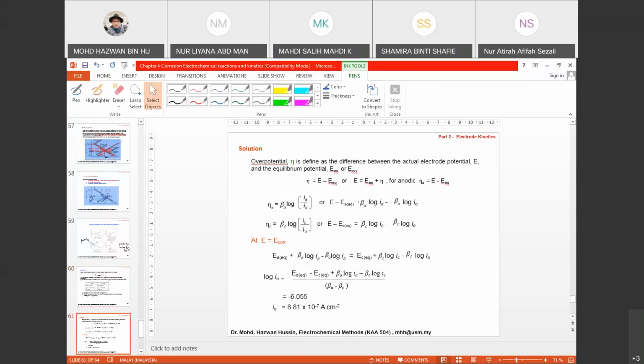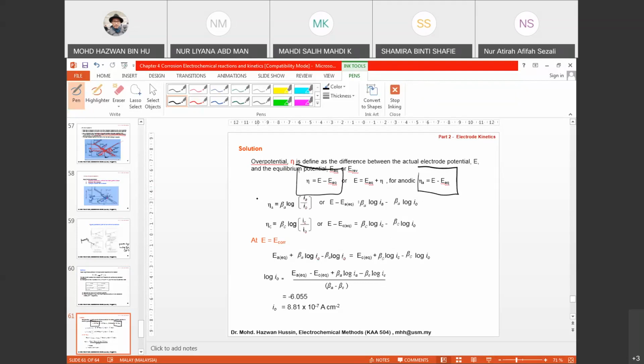This is the equation that we have seen in the past few slides. Overpotential is defined as the difference between the actual potential of the electrode and the equilibrium potential. So overpotential is equal to applied potential minus equilibrium potential.